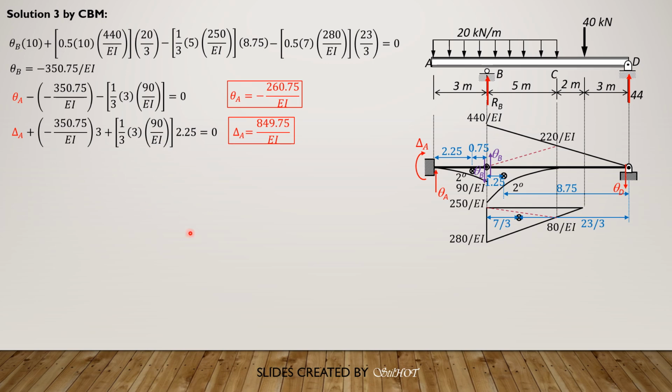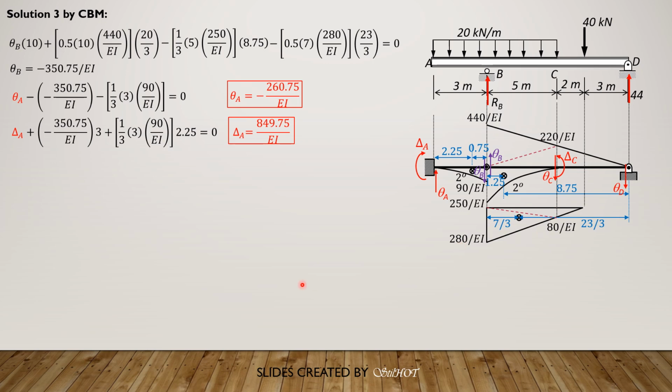Next, we consider BC. So we have theta C, the positive rotation or shear, then counterclockwise positive delta C assumption. Let's divide this trapezoid into two triangles.